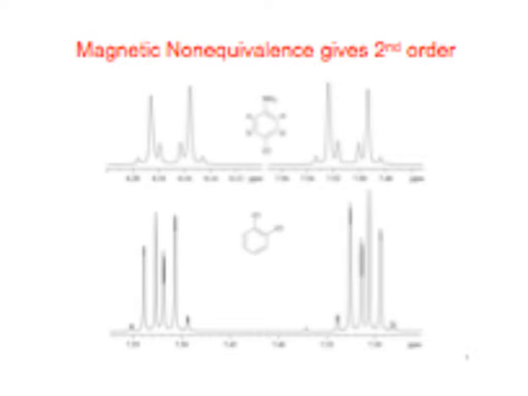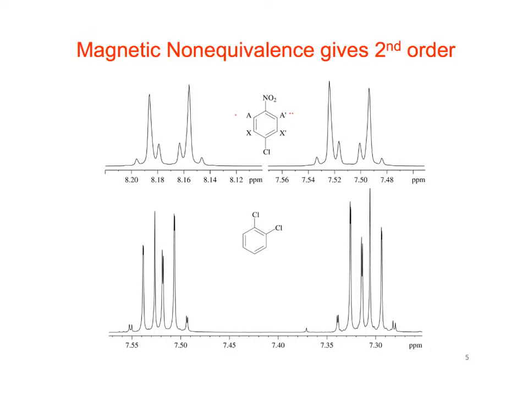Okay, so for example, this top system, parachloronitrobenzene, right? They have these now listed as A, A prime, X, and X prime. So A and A prime should have the same chemical shift, right? So these two are chemical shift equivalent.